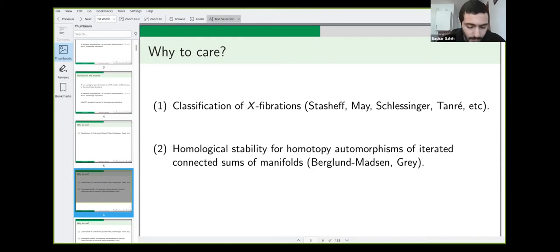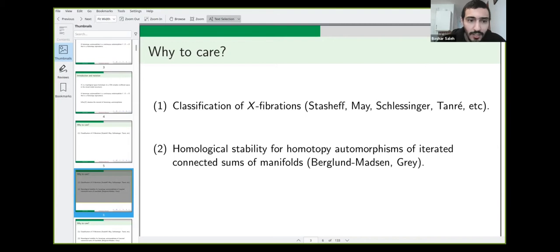They developed new techniques for computing the rational homotopy type of homotopy automorphisms, and they use it to prove homological stability for homotopy automorphisms of iterated connected sums of certain manifolds, and the results are also generalized by Matthias Grey.